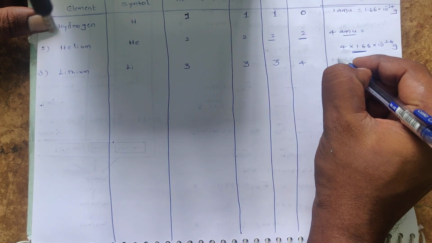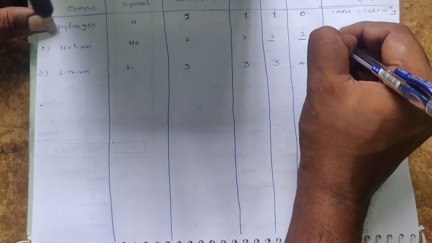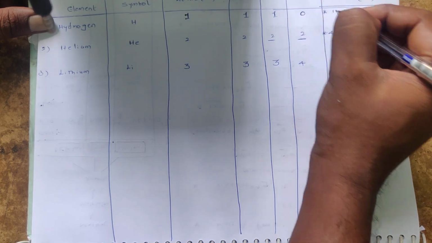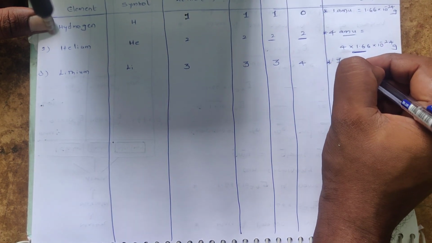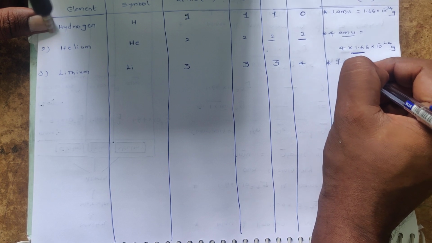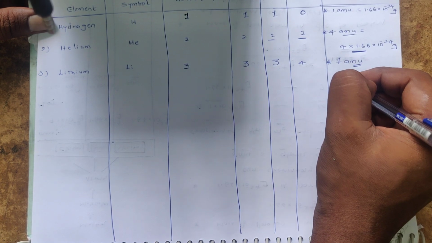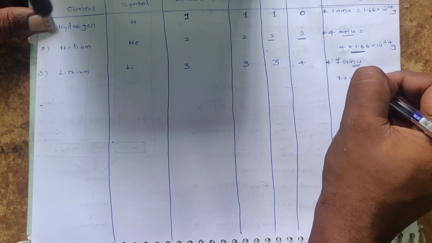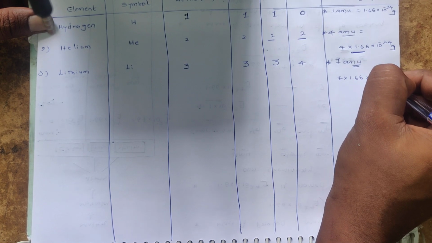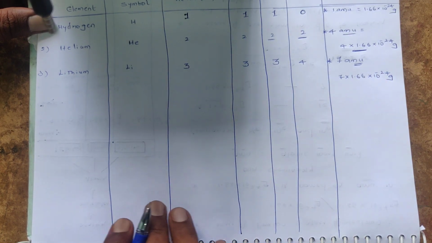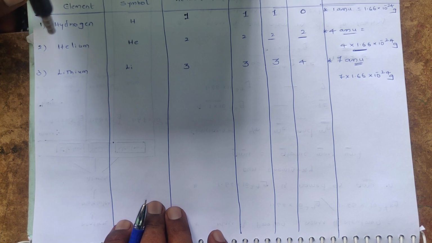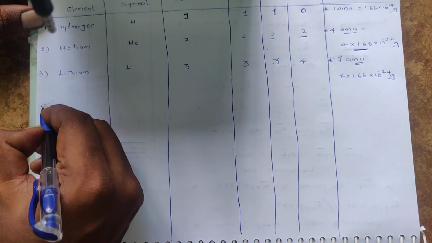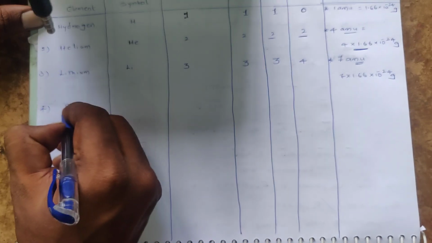So the mass of a lithium atom is 7 AMU, in the sense 7 into 1.66 into 10 power minus 24 grams. Now come to another one, beryllium.